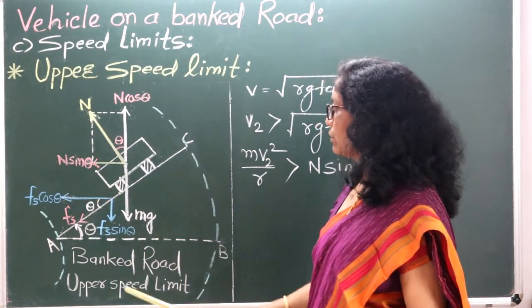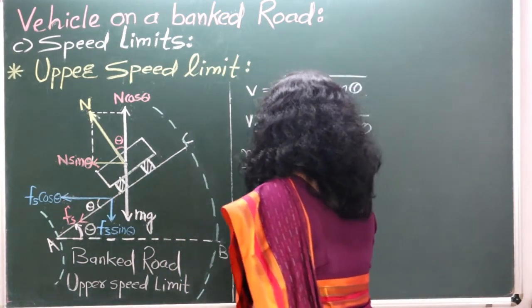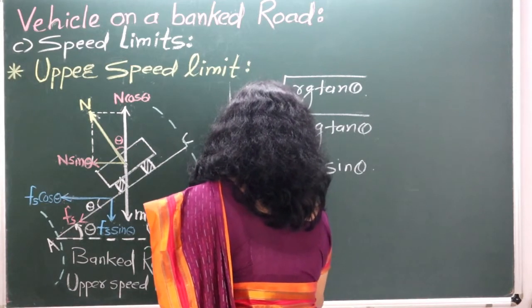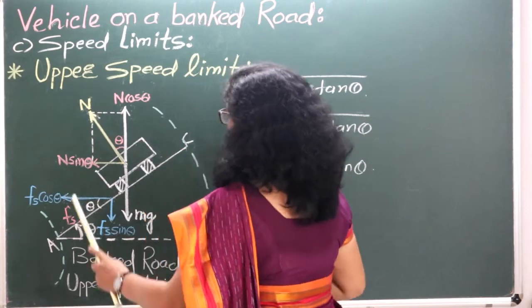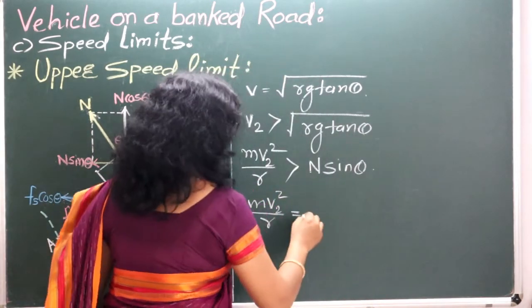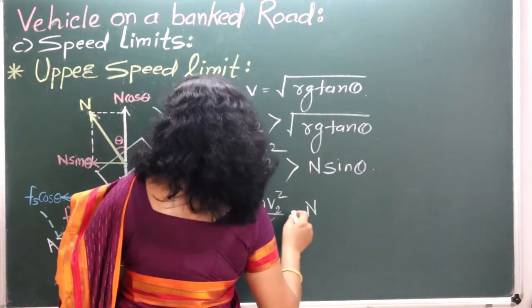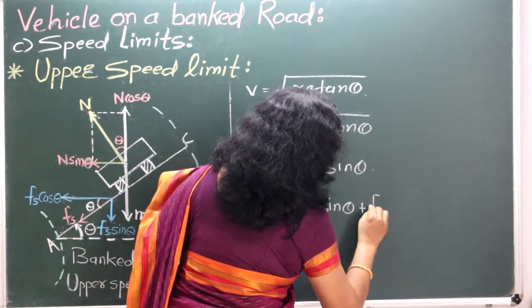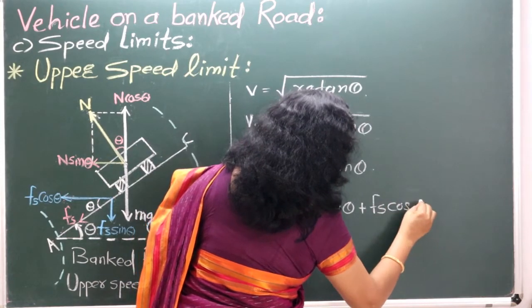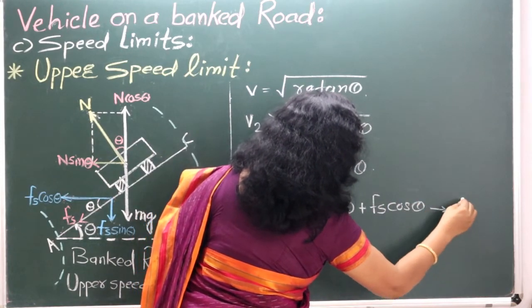Write down equation number first, that is m v2 square upon r equal to N sin theta plus Fs cos theta. This is equation number first.